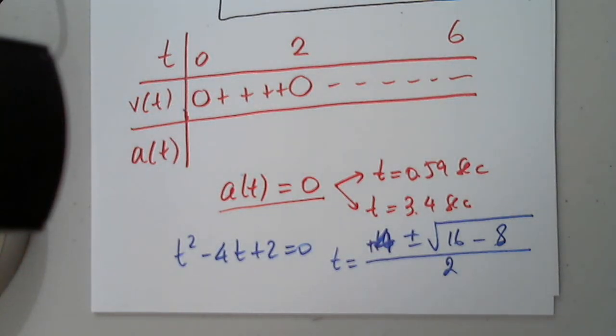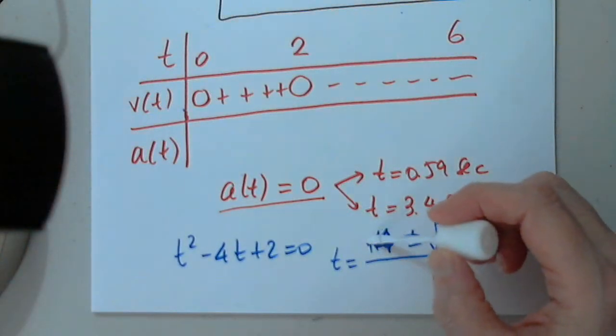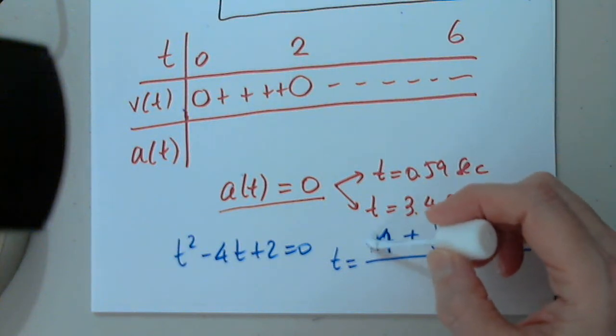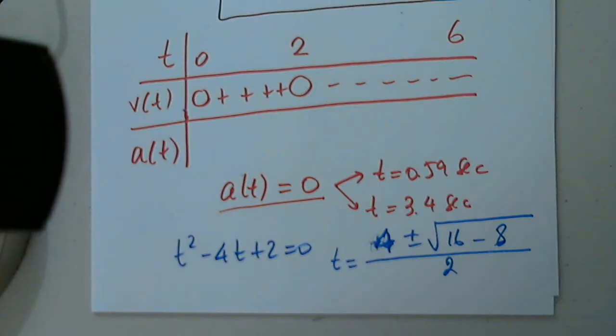You can just use the quadratic formula. You don't have to use what I just did. In calculus, I accept that in the hope that everyone knows the quadratic formula by now.